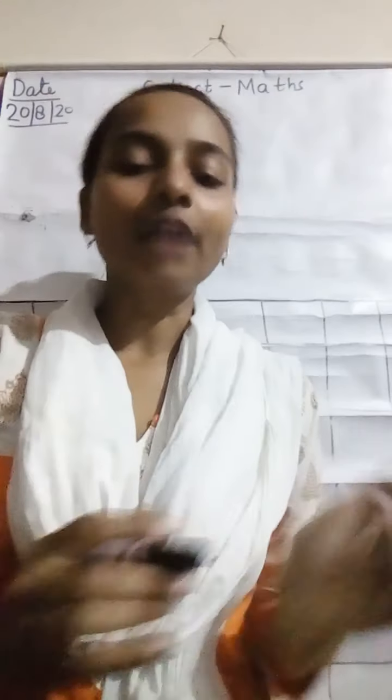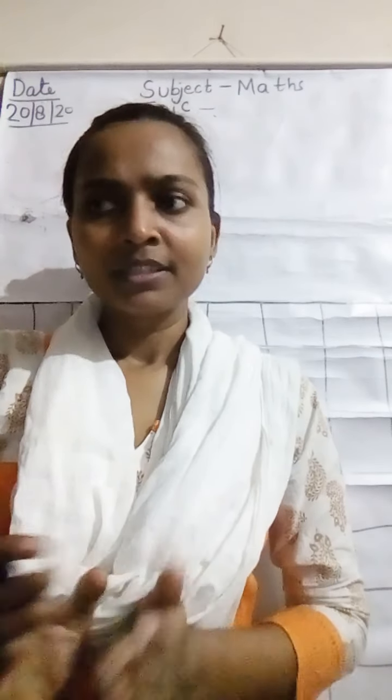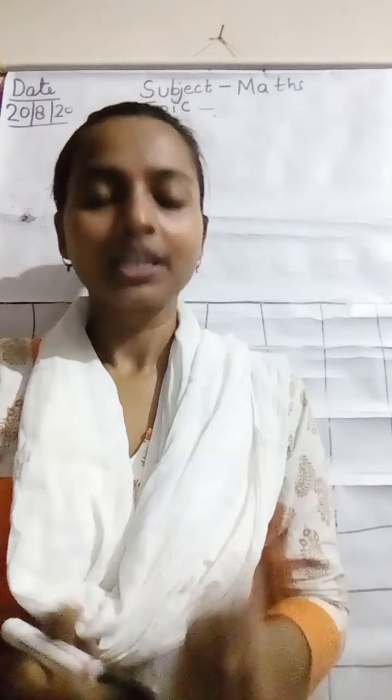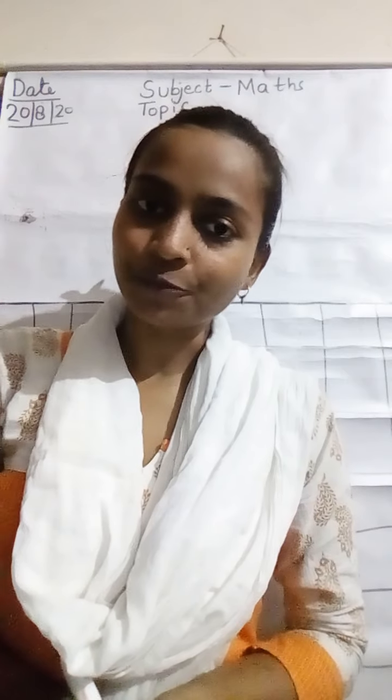Children, if I give you some sums, one sum, subtract 84 minus 72.